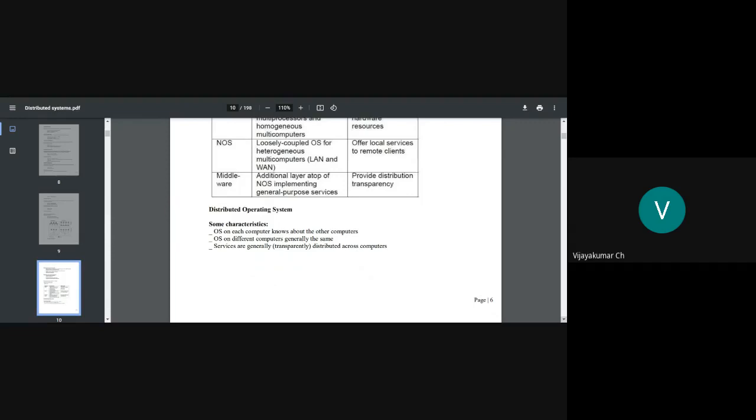Services are generally distributed across computers. These are some characteristics of a distributed operating system.